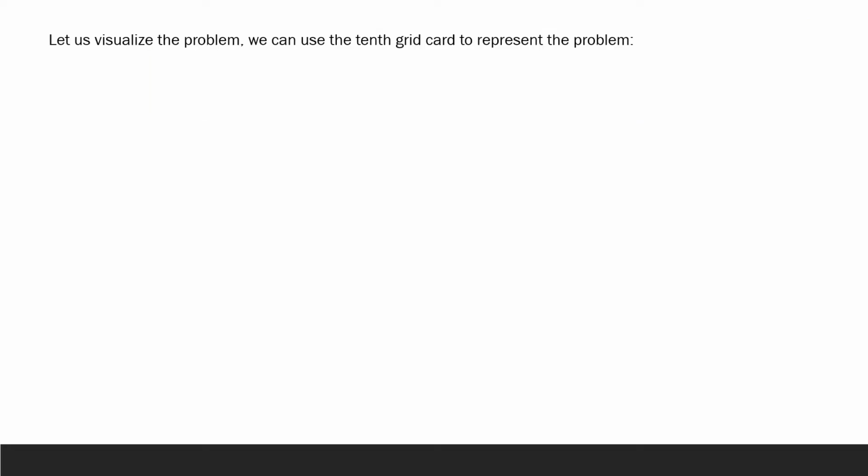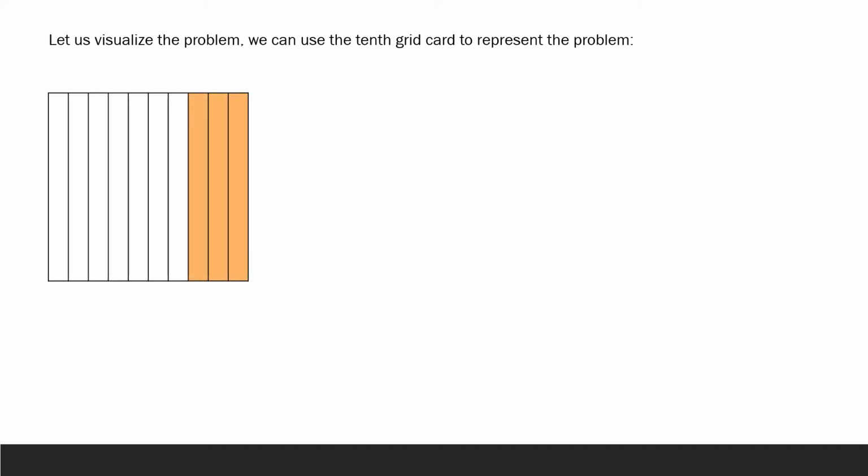Let us visualize our solution. We're going to use the tenth grid card to represent the problem. So, this is 3/10. Nakita nyo dyan yung 3 shaded parts, that is our numerator. Then yung kabuuan, yung ating denominator in fraction. So, 3/10 in decimal is the same as 3/10 in fraction.